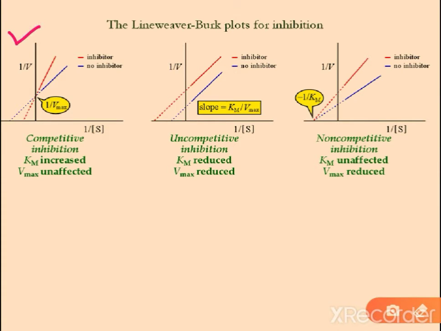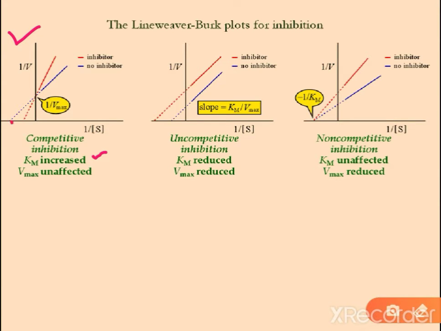This is the graph of the competitive inhibition. The red line depicts when inhibitor is present and the blue line depicts when no inhibitor is present. That means the blue line represents the control graph and the red line represents when the inhibitor is present. You can see here when the inhibitors are present, then the Km is increased.